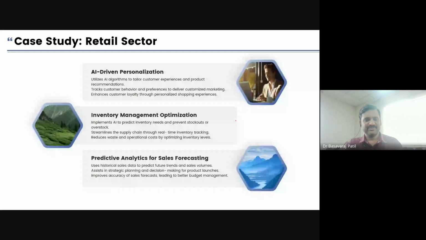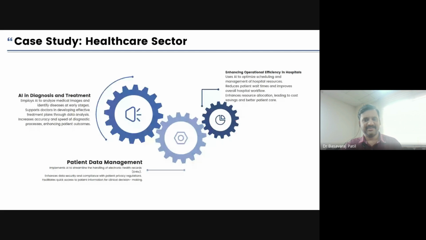Similarly, as we mentioned, the diagnosis, treatment, managing of the data, the efficiency of operations, data monitoring, optimization, even the scheduling of doctors' appointments in the health sector, allocating of resources. Earlier we used to go to doctors and wait for hours together.